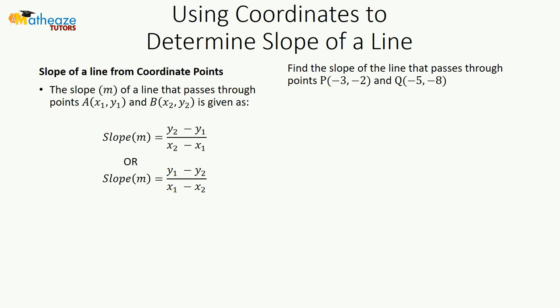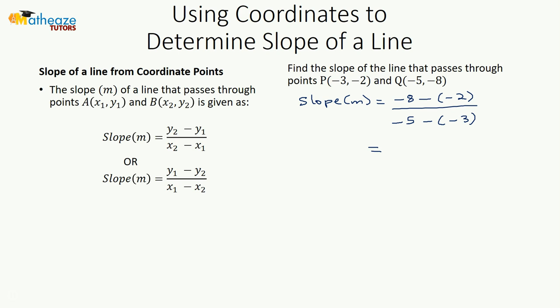Let's look at the final example. The slope m is our change in y, so -8 minus 2 divided by the change in x, -5 minus 3.